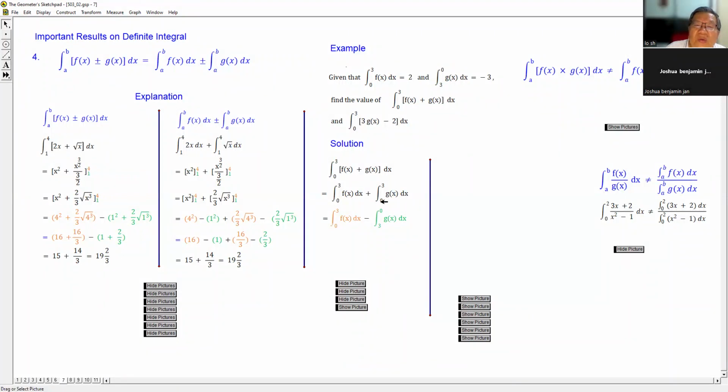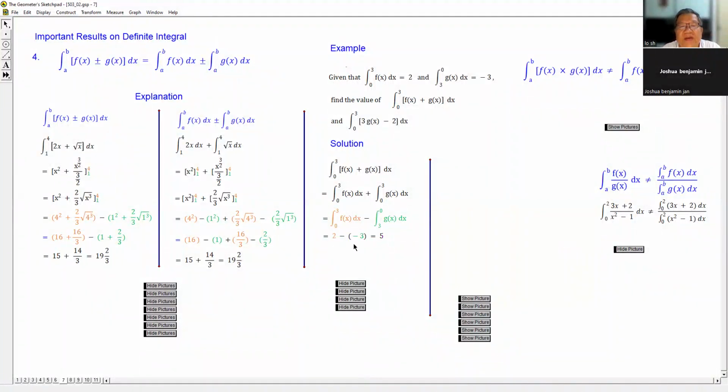So what is given is 3 to 0, but they want you to find 0 to 3. So you have to reverse this one. So from this step to this step, you have to reverse. When you reverse the upper and lower limit, you have to change it to a negative sign. Okay or not? Okay, then we look at the next step.